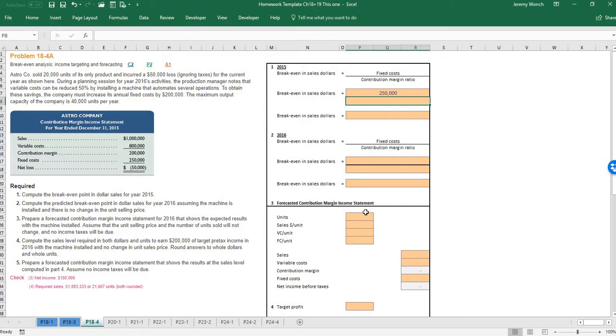You could do it in total, but let's talk about it per unit, and it'll make sense as we talk about the other parts of this problem. So our contribution margin ratio is sales minus our variable cost, divided by our sales.